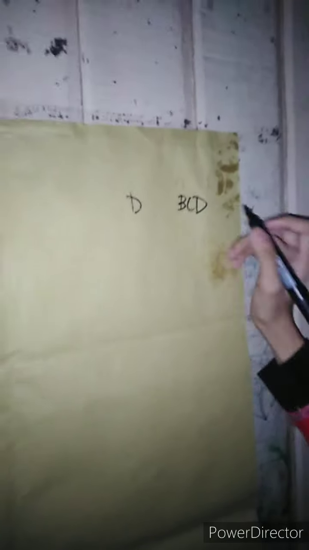Each decimal digit is represented by a 4-digit binary number. That's why it's called BCD, and BCD means binary coded decimal. Converting, we will have the decimal number and its equivalent binary coded digit.